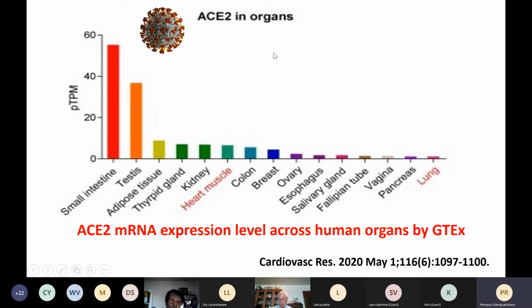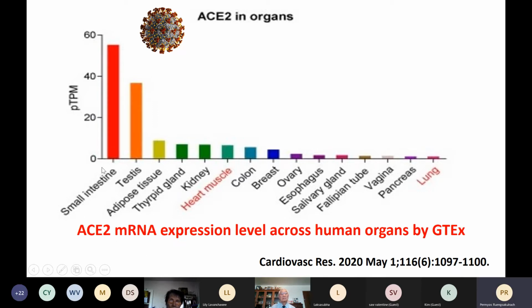And this, I want to show you, just emphasizes that the COVID virus goes to your cell and attaches to your receptor in your host cell, ACE2, okay?